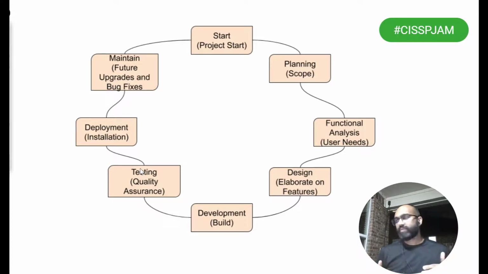And the development stage is where you actually start putting together the code, right? You're taking all these different modules that are being built, slowly integrating and testing them, making sure they all talk to each other.